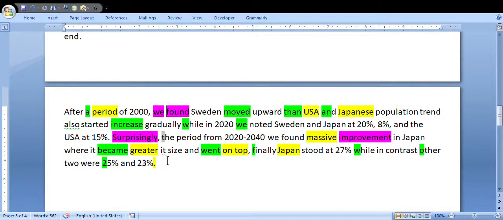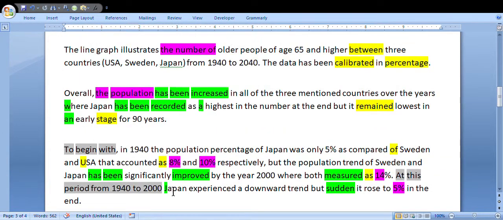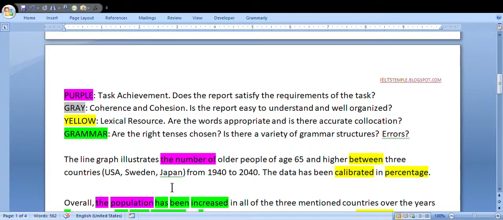No. Don't use it unless it truly is surprising. Notably, you can say that. It's of note. A significant difference, something like that. But surprising, that's an opinion.